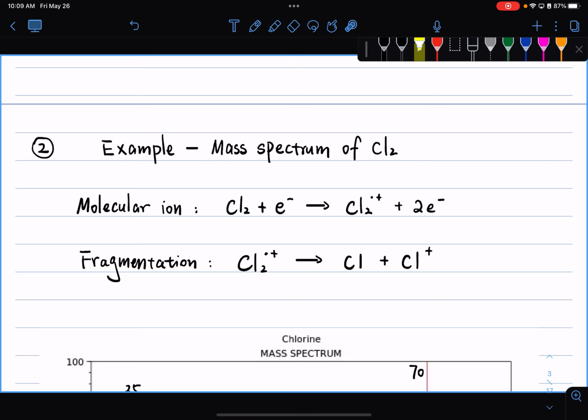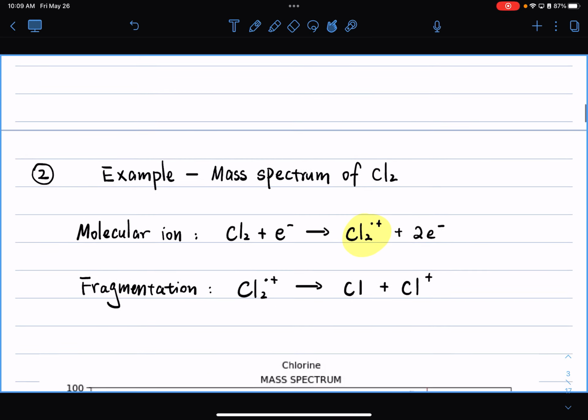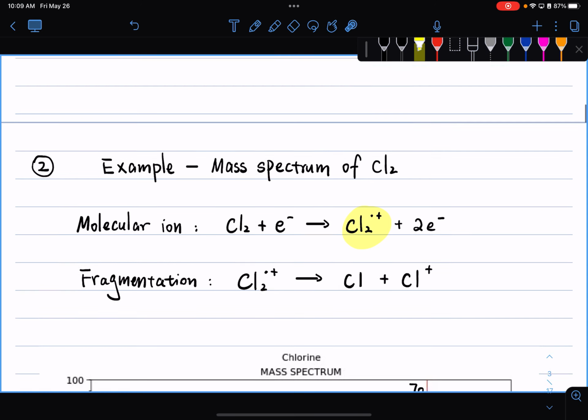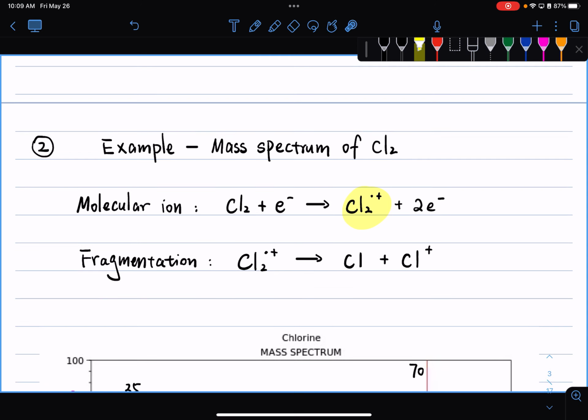First of all, you have the molecular ion. Again, the molecular ion just means your molecule loses one electron and forms this cationic form. It's a molecule with a plus charge. That's your molecular ion. And further fragmentation of the molecular ion will form a chlorine dot, or a neutral chlorine atom, and a Cl+.